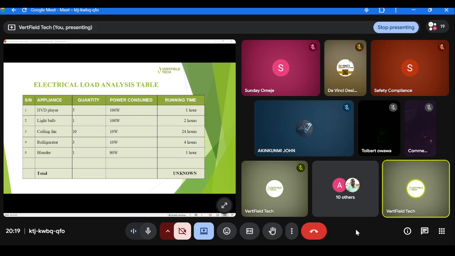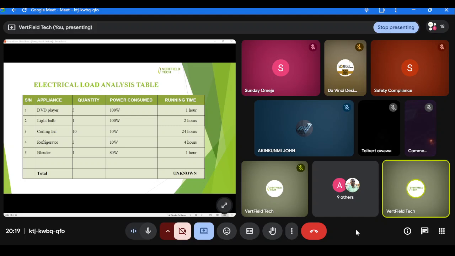We are going to do that using the load analysis technique, or we will simply say we'll carry out a load audit on this facility. Before we do that, we can look at the various parameters. So it is at this point that we usually say it is free to write. You can write all the information you need from this class right now.